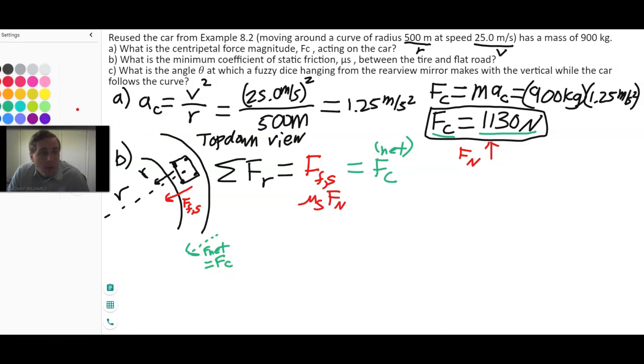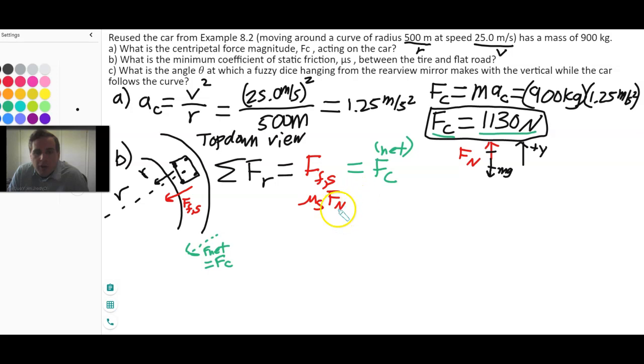So the weight, mg, should be the exact same size but the opposite direction of the normal force if it's on flat ground. These single hashes are meant to indicate that these arrows are the same length, even though I didn't sketch it perfectly. So this normal force can be replaced with mg because we have equilibrium in the vertical direction.